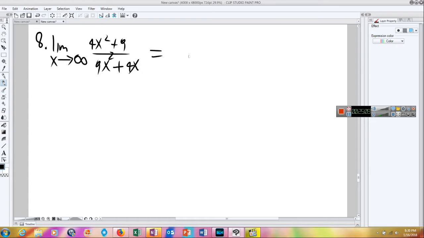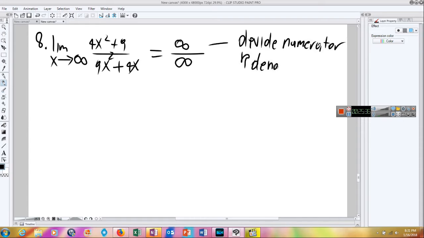So based on what we just learned, this is basically infinity divided by infinity. So what we have to do here is divide the numerator and the denominator by 1 over x squared.